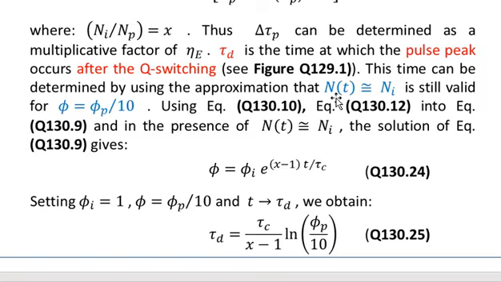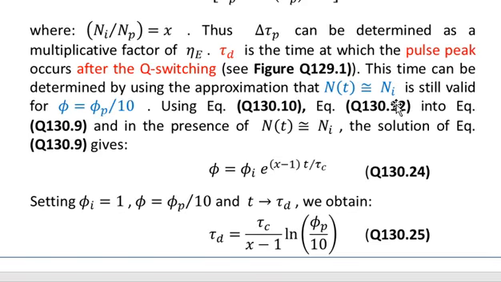That is, the inversion as a function of time is approximately equal to Ni, and this is still valid even when the number of photons in the peak are decreased by 10 times. So even if the number of photons is decreased by 10, we can approximate the population inversion as a function of time by the fixed value Ni.